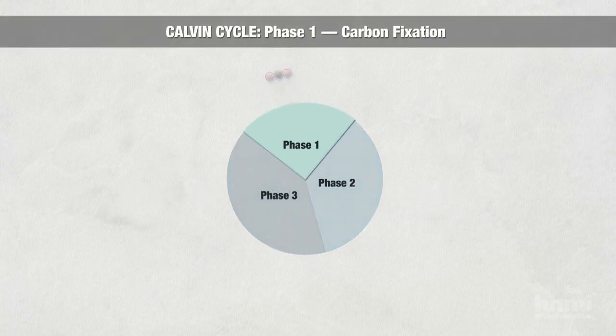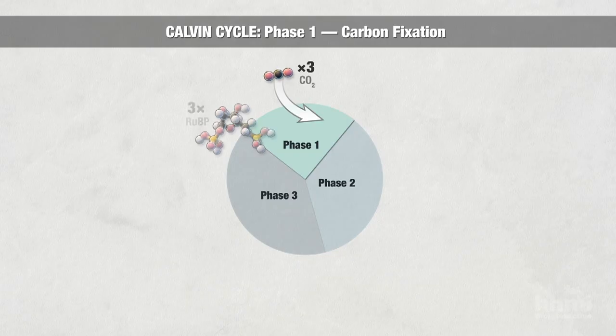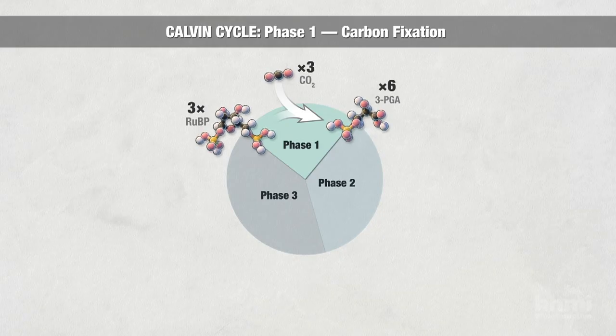In phase 1, inorganic carbon, in the form of carbon dioxide from the air, is incorporated into organic molecules, a process known as carbon fixation. 3 molecules of carbon dioxide react with 3 molecules of ribulose bisphosphate, RUBP, to produce 6 molecules of a 3-carbon molecule called 3-PGA. The enzyme Rubisco catalyzes this reaction.